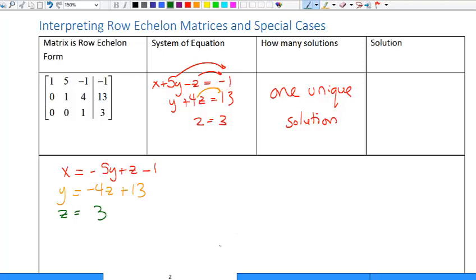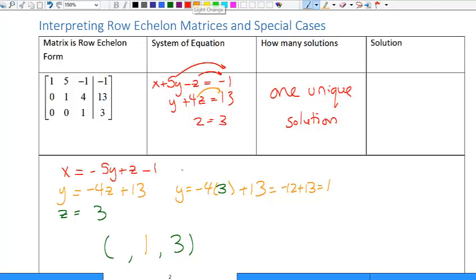So I have a solution for z. To get the solution for y, I'm going to back substitute. I'll plug in 3 for z. When I evaluate, that's going to get me negative 12 plus 13, or 1.